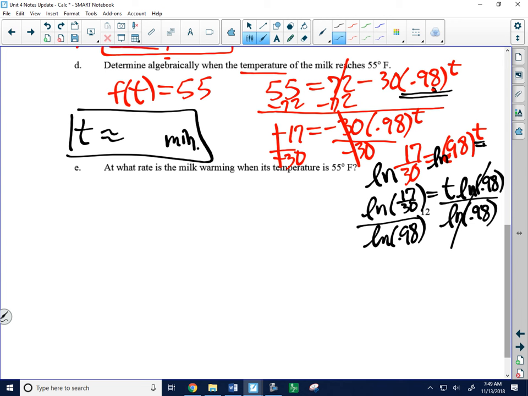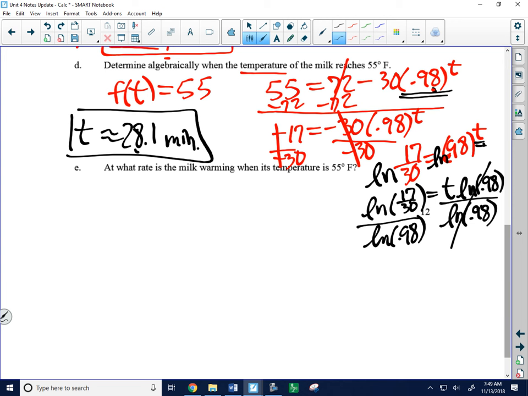It is good practice to make sure you're entering these correctly. Somebody else? Mary Beth, did you get it? Yeah, 28.1. That's what I got too. That's 28.1, and this was minutes.